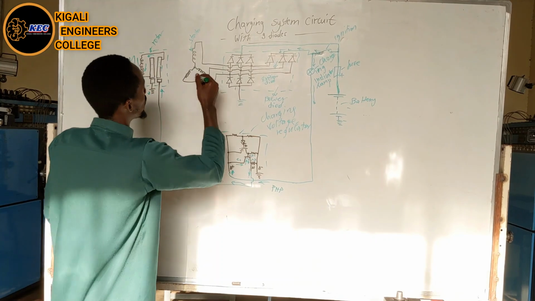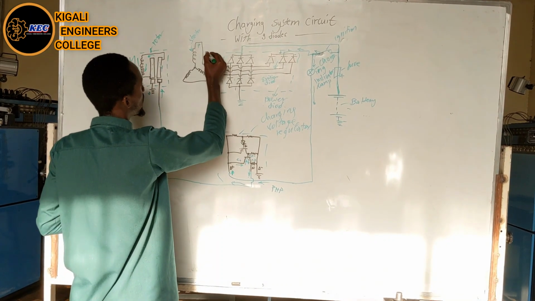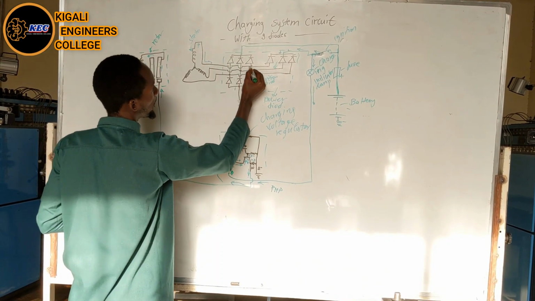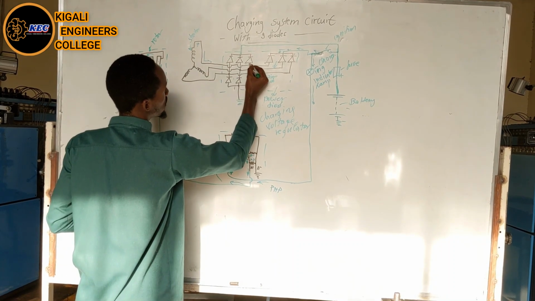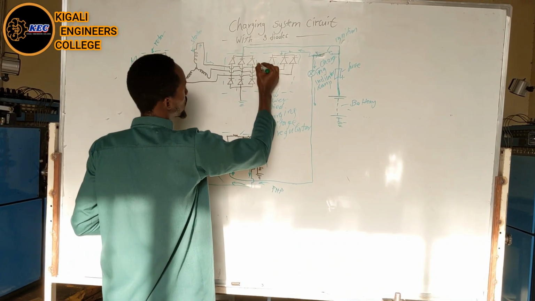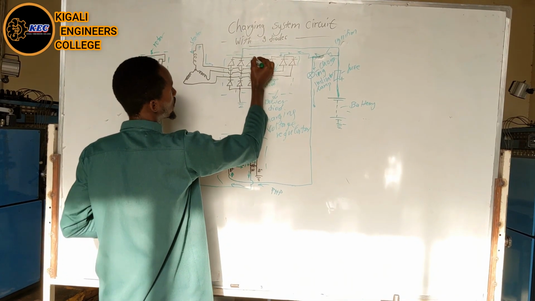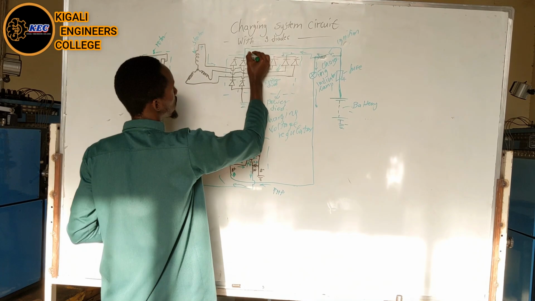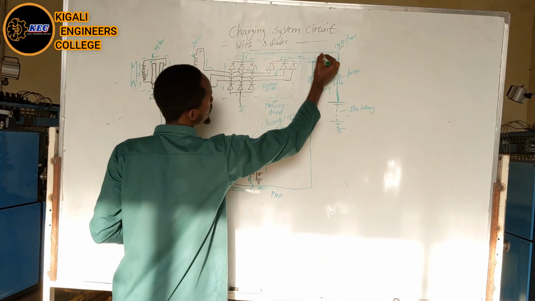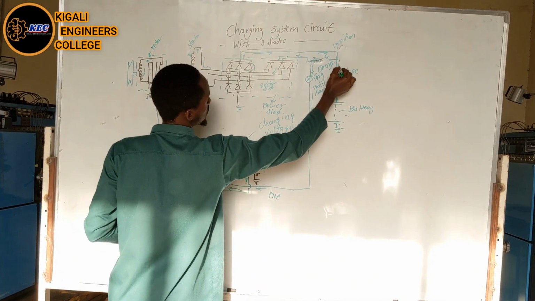So the voltage goes through this one, passing through this first diode. Because it's positive, it crosses the diode and also passes through here, going to charge the battery.